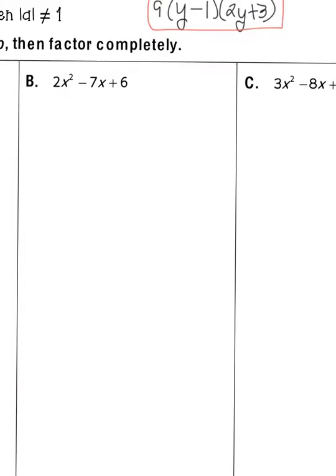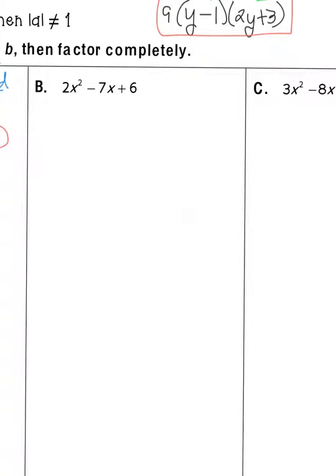All right, then for B, same thing. I'm going to lasso this 2 and multiply it to the 6. That gives me positive 12. So x squared minus 7x plus 12.